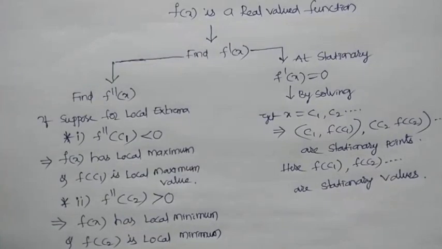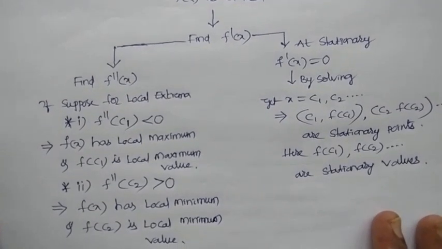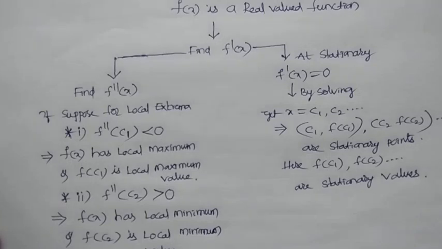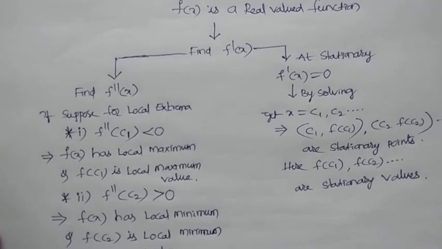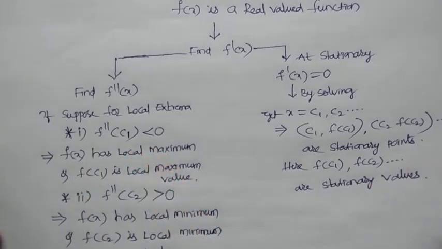Now observe this chart, it gives the local maximum and local minimum values, while here involving the second derivative of the given function. So here I have framed a chart. You follow this chart.